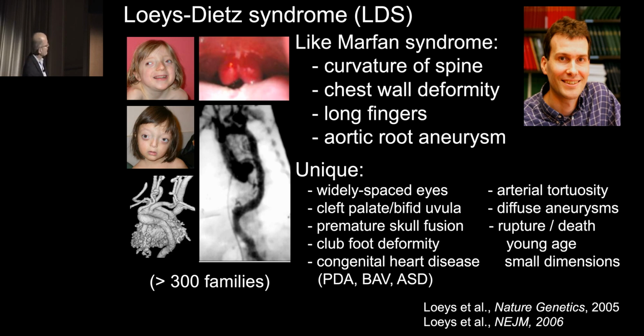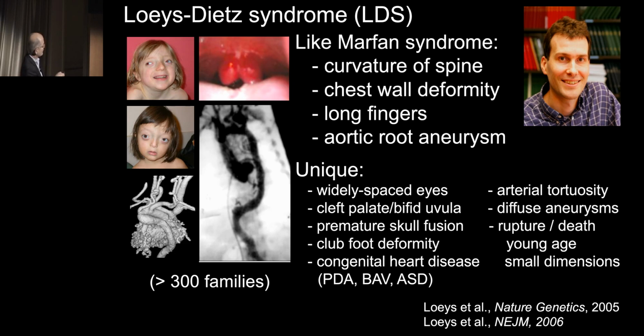But also some very distinctive, unique features, like hypertelorism, a cleft palate or a bifid uvula in the back of the throat, club foot deformity, certain forms of congenital heart disease. Most importantly, these children have a very aggressive diffuse vasculopathy that includes tortuosity of neck vessels throughout the body, often prominently in the neck.